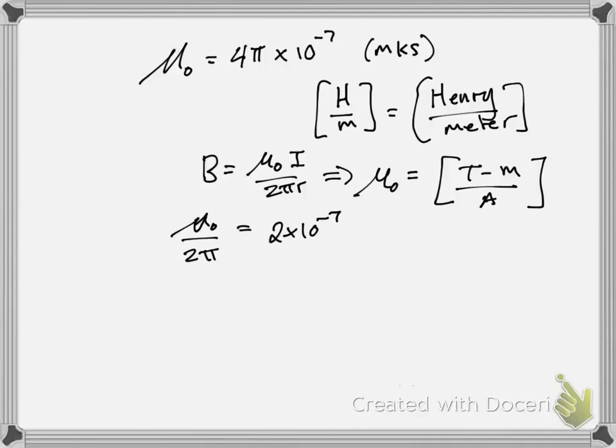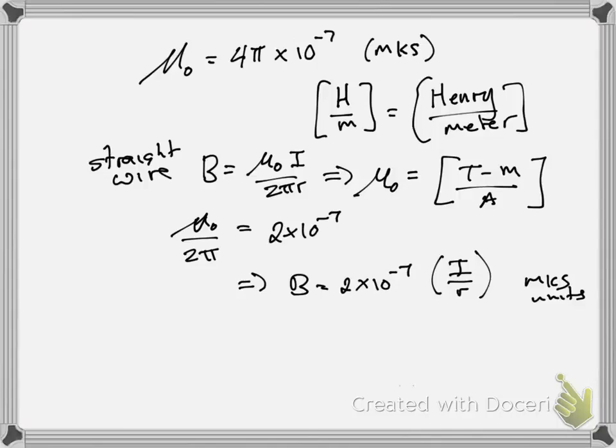So it's a number that's very easy to deal with in terms of quick plug-ins if we're trying to calculate things. So B of a straight wire is 2 times 10 to the minus 7 times current over radius, where everything's in MKS units, and so that will give us Teslas.